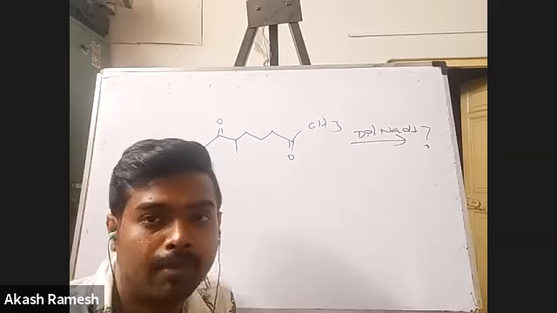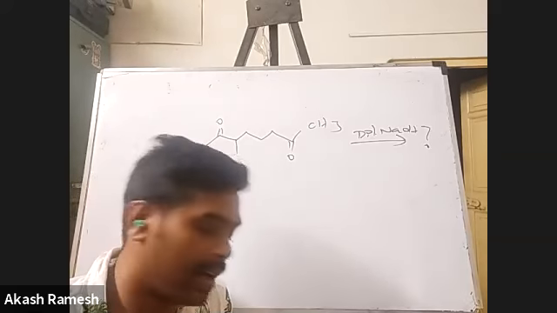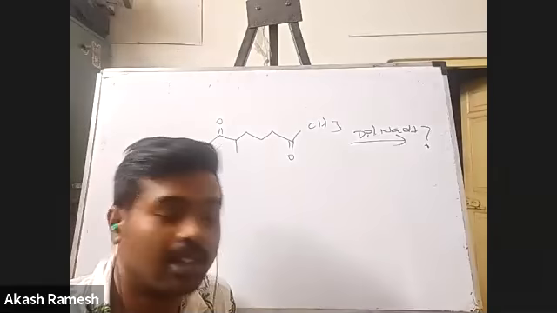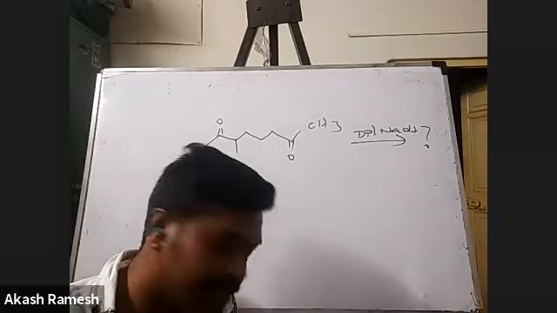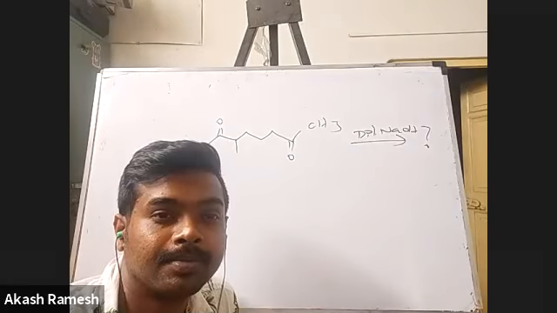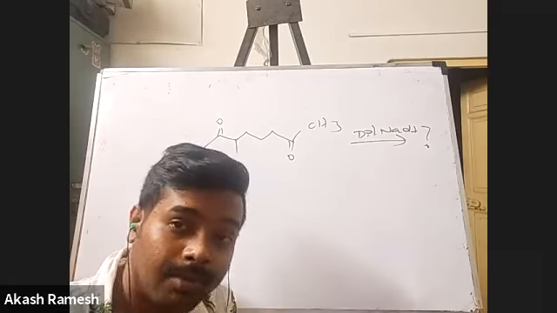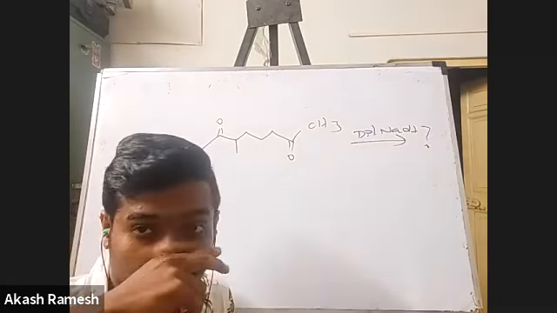We need to form a 6-membered ring. Yes, correct. Most preferable is a 6-membered ring. Okay, that is 1 point. Good. Next. The clue would be aldehydes and ketones.